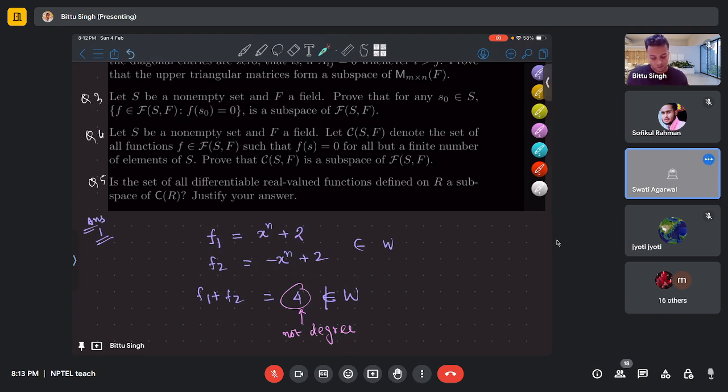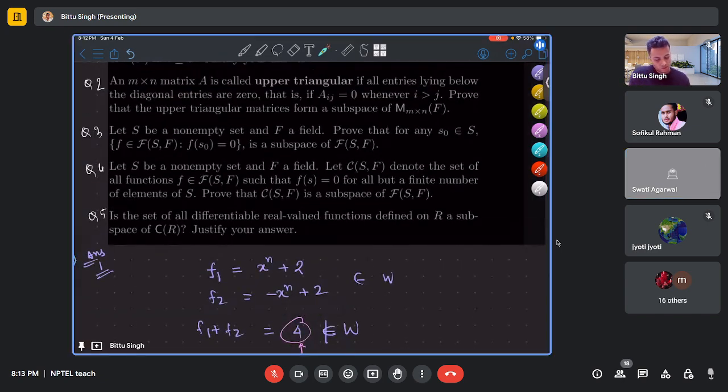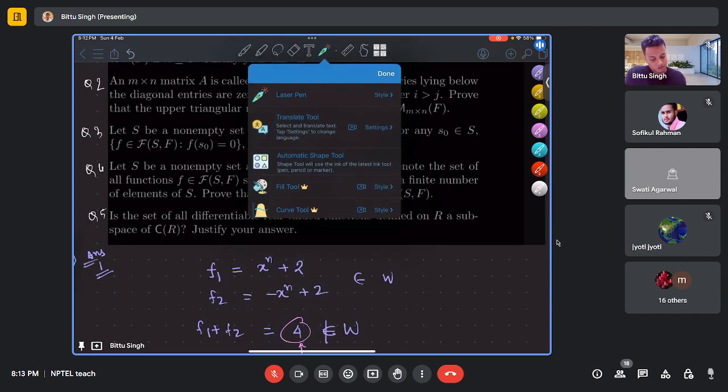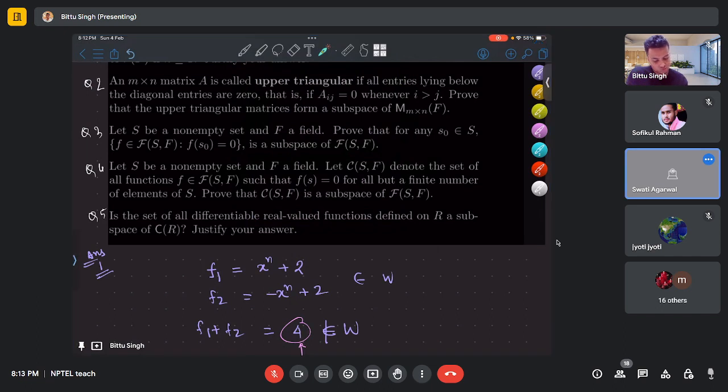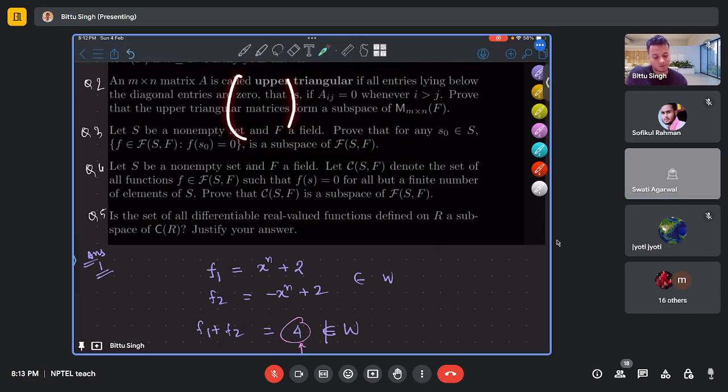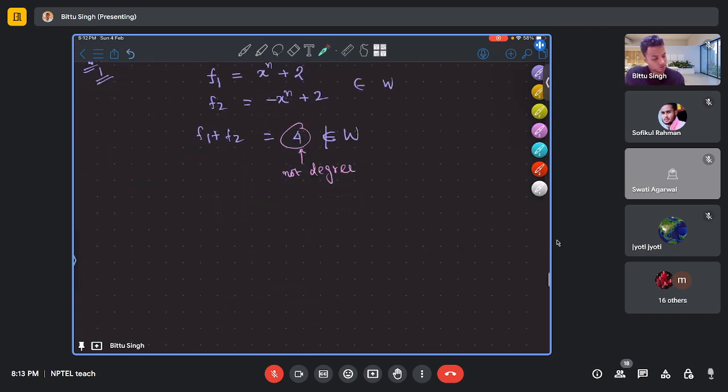Now question number 2. Here it says all upper triangular matrices. Is it a subspace of matrices? We know that M cross N, that is, M by N matrices, form a vector space.